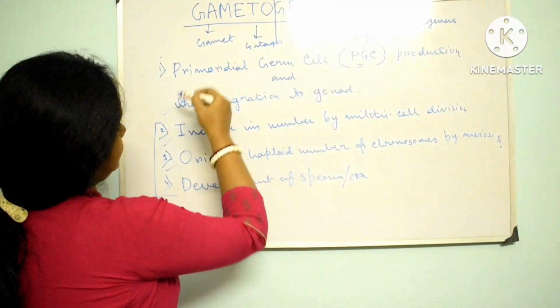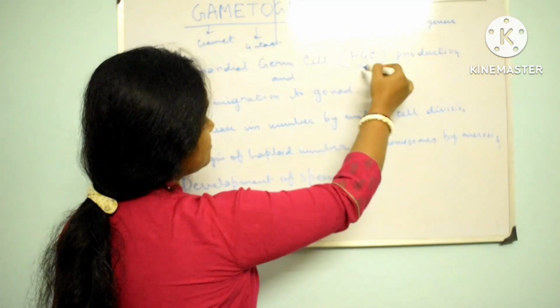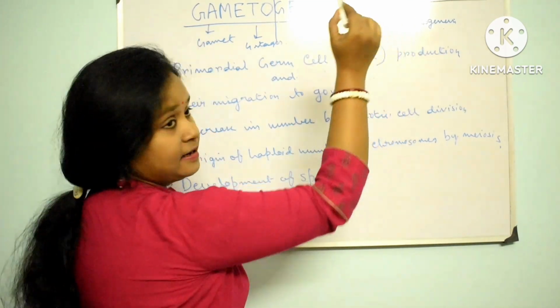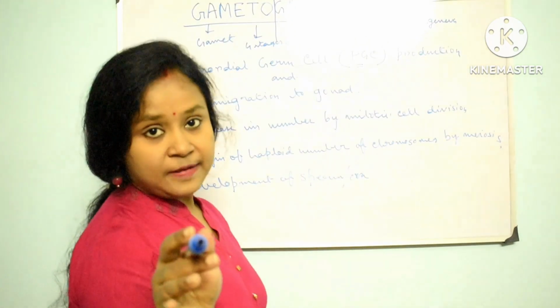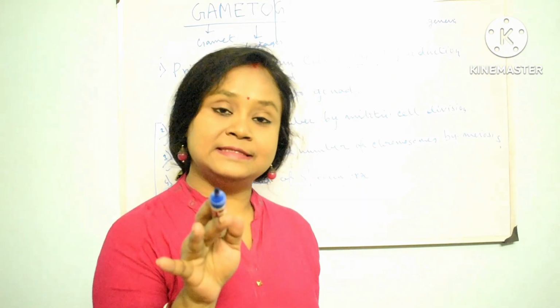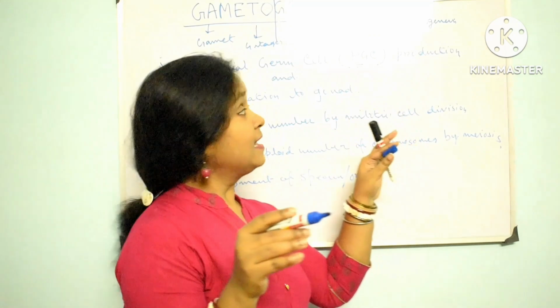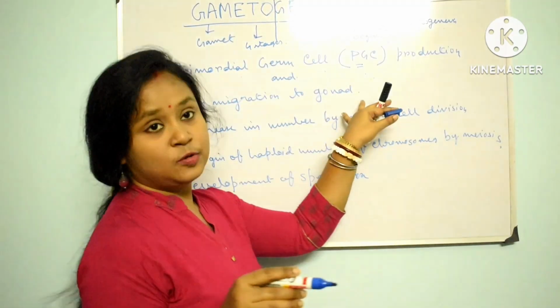The first step is entirely common. This step is common in both spermatogenesis and oogenesis, prior to reaching the specific male reproductive organ testis and female reproductive organ ovary: primordial germ cell production and their migration to the gonad.